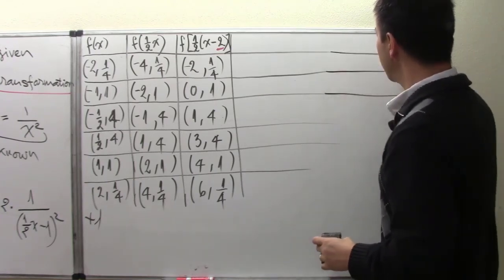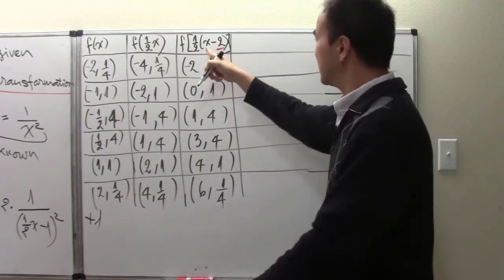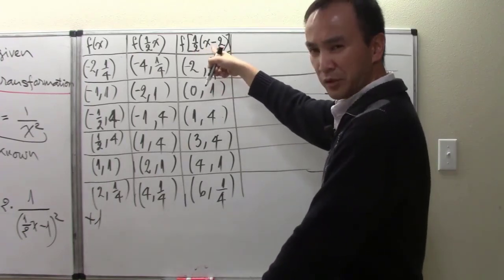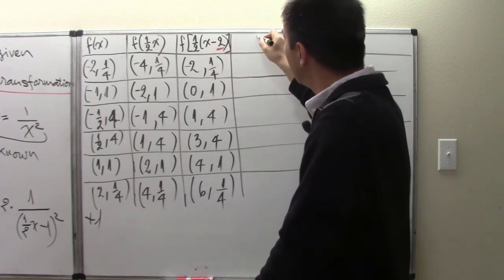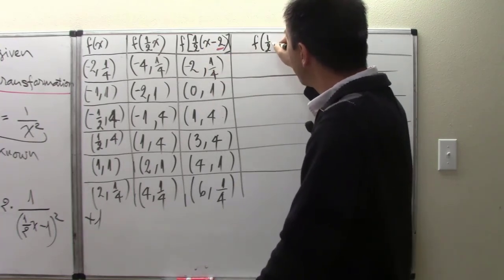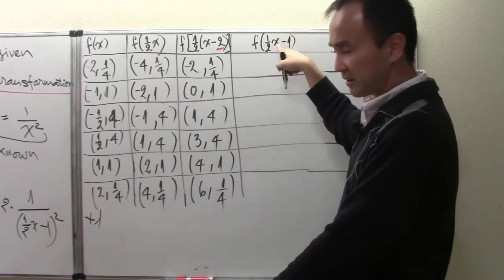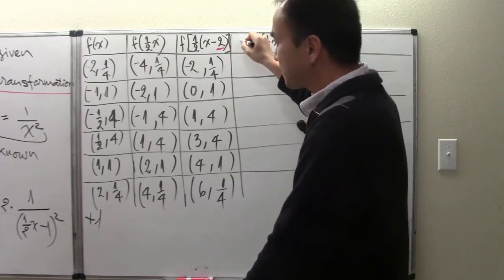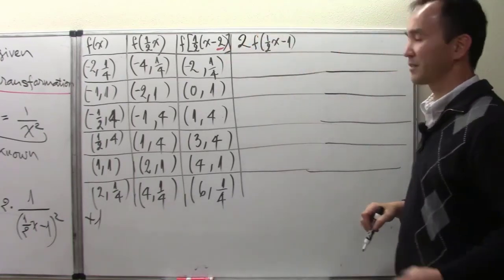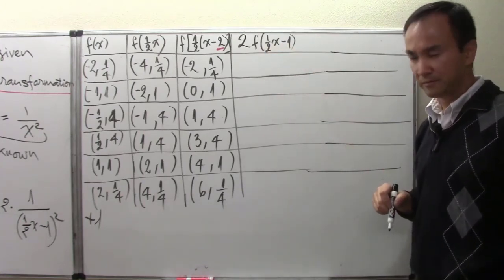All right, so now I'm advancing to the next step here, where we're transforming from f of 1/2 x minus 1 like that. I mean, this is in factor form, but f of 1/2 x minus 1. This is the original expression where the problem came from. But now I'm going to transform from that to 2 times f of 1/2 x minus 1. All right.